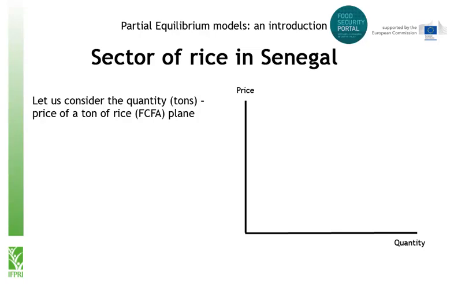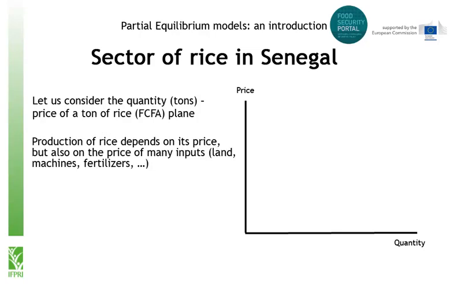If you ask yourself what the factors determining the production of rice are, you may think, and I think it's right, that the production of rice depends on its price, of course, but also on the price of many inputs: the price of land, the price of machines, the price of fertilizers, and so on.